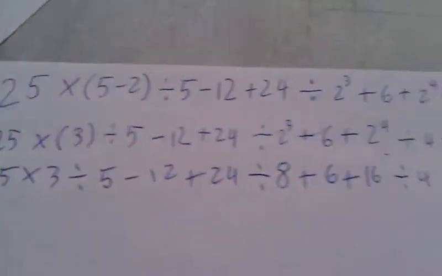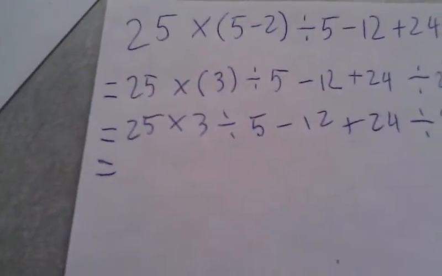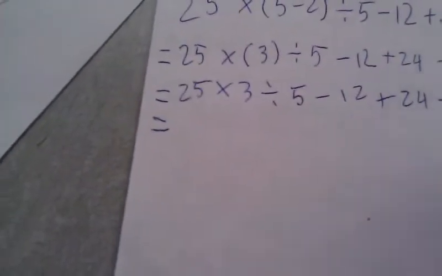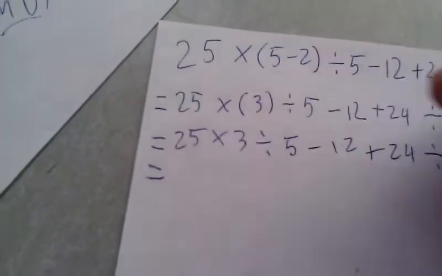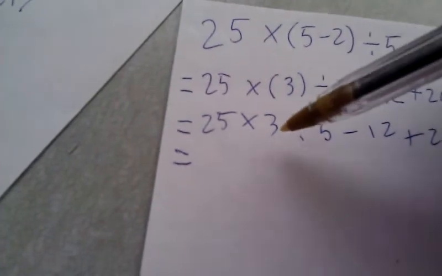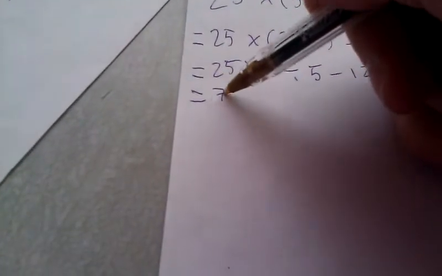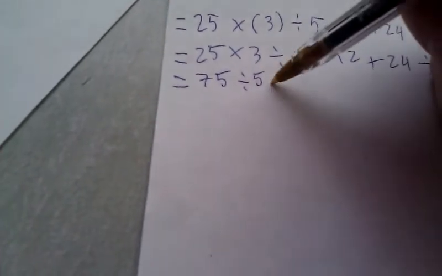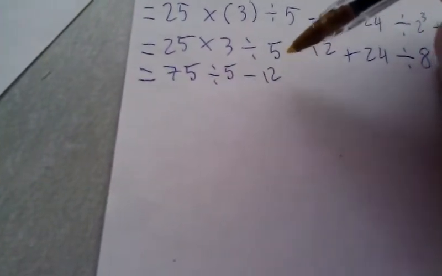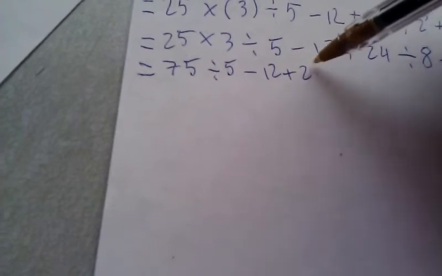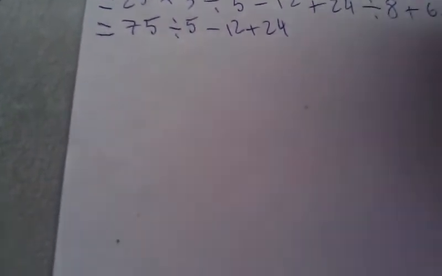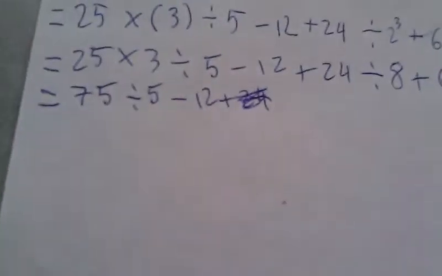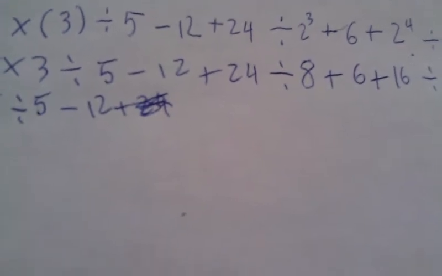And since it's riddled with these, we basically go left to right and do what comes up first in order. So the first one is 25 times 3, that's 75. Then divided by 5 minus 12 plus 24. Wait, no. Okay, so there's a 24 divided by 8, which we can do.